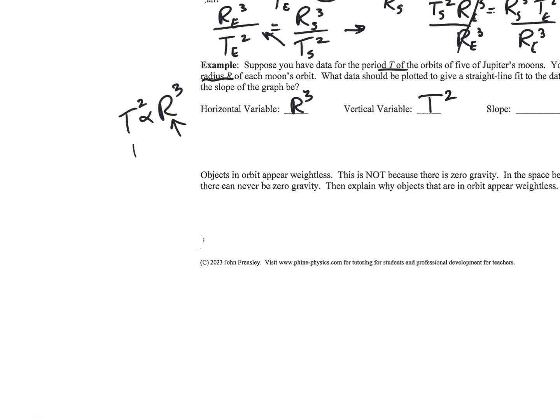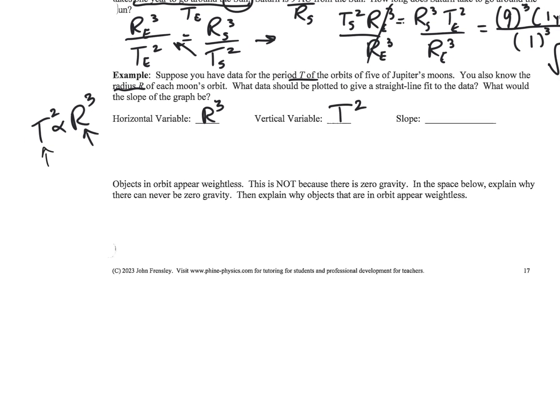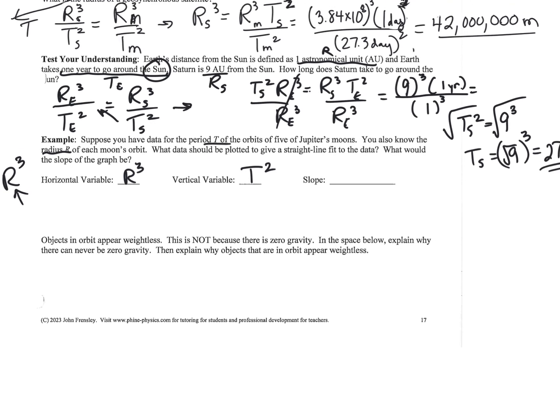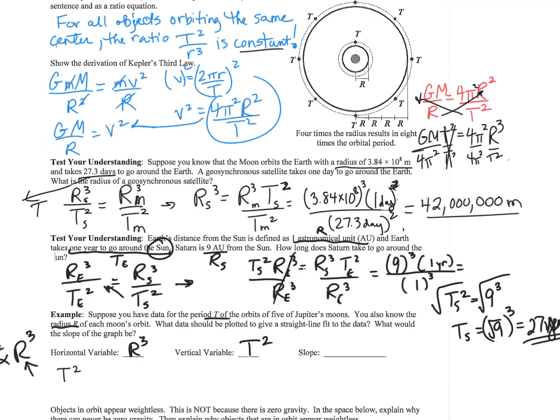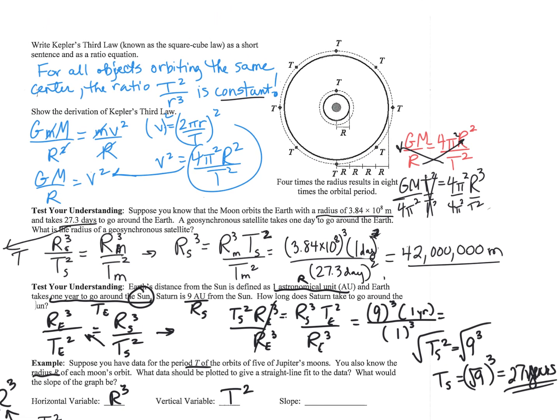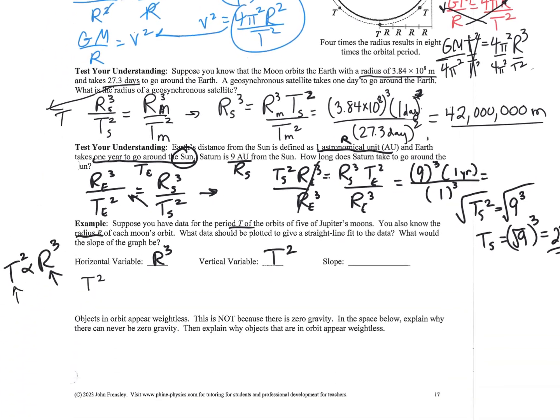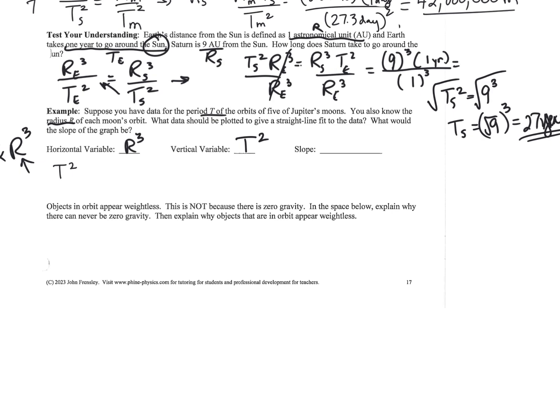Now we're going to figure out what the slope is. We know what the equation is. The equation of the line is what? We found from the previous page that T squared GM equals 4 pi squared r cubed.